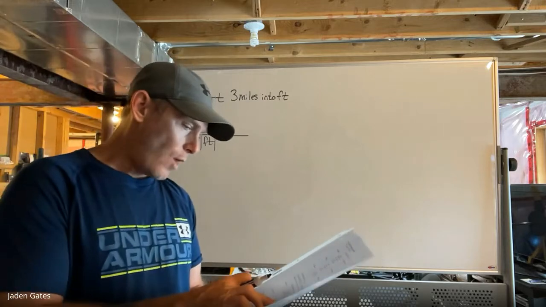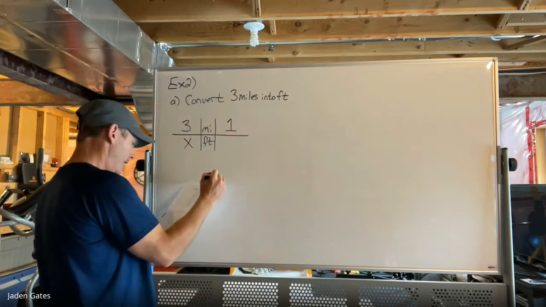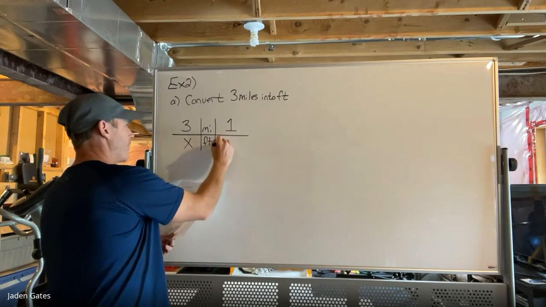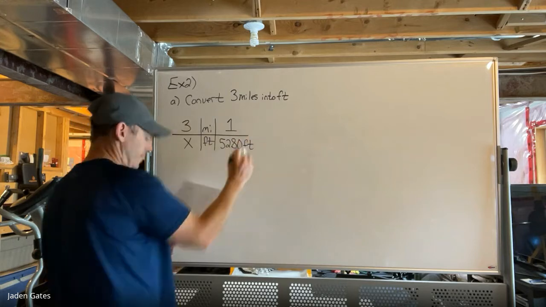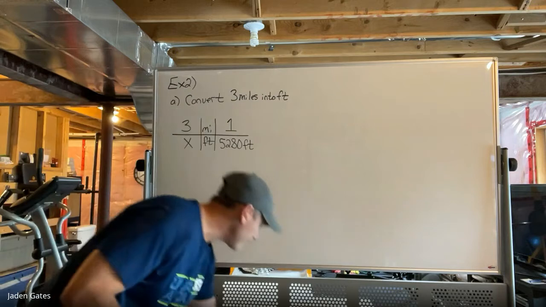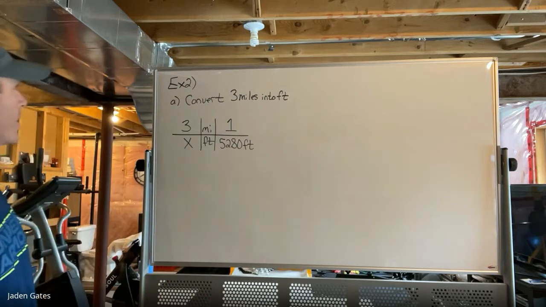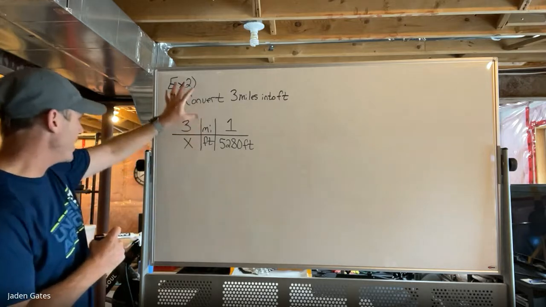So 1 mile, I'll put a 1 up here, 1 mile is equivalent to 5,280 feet. All right, so now I'm going to convert these two in this table into a fraction.